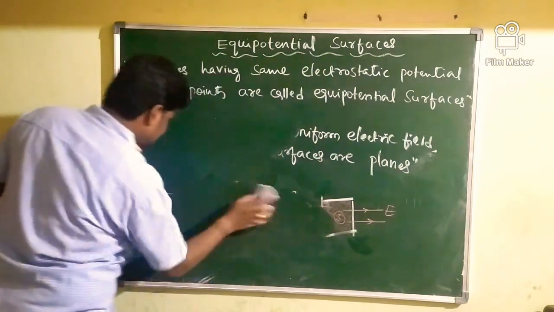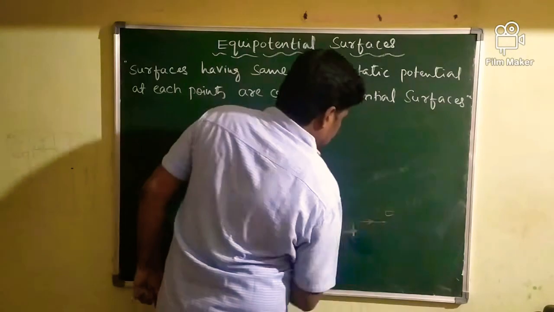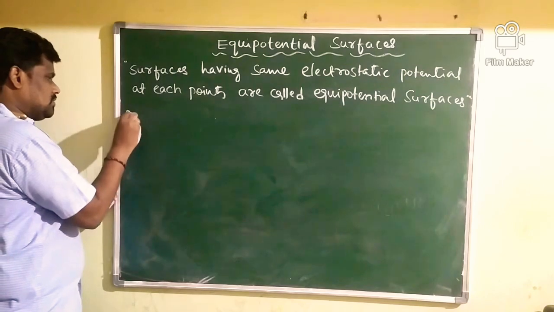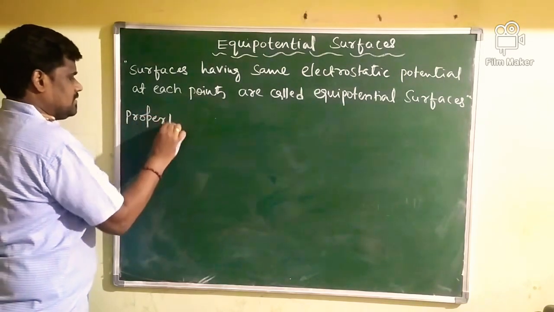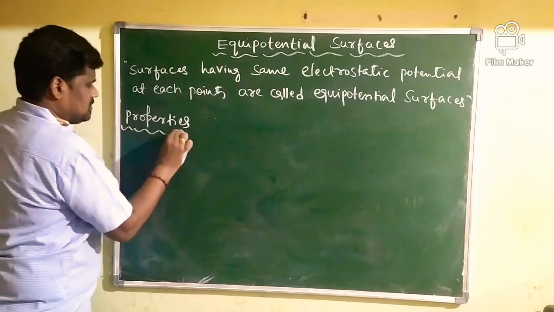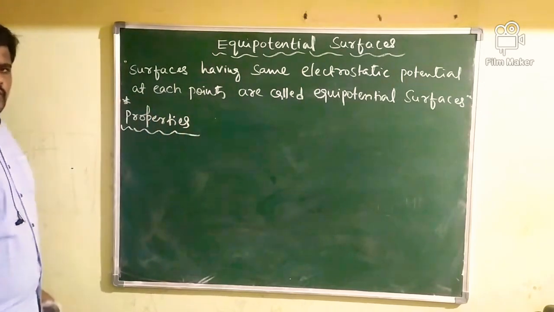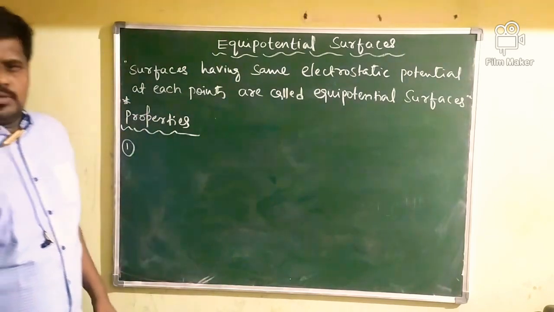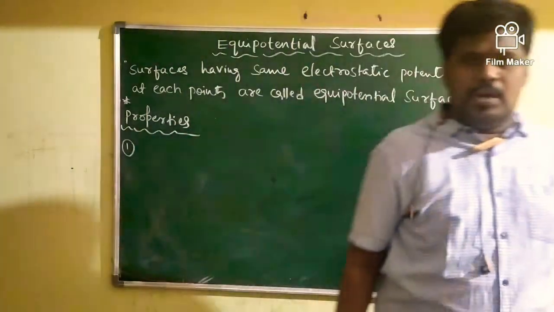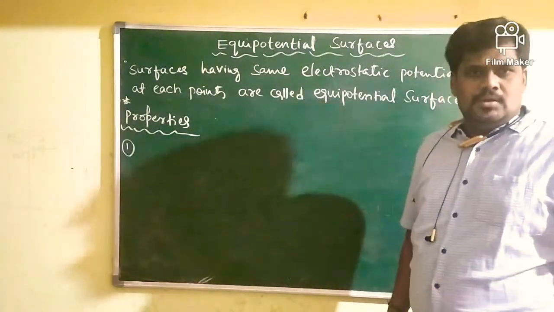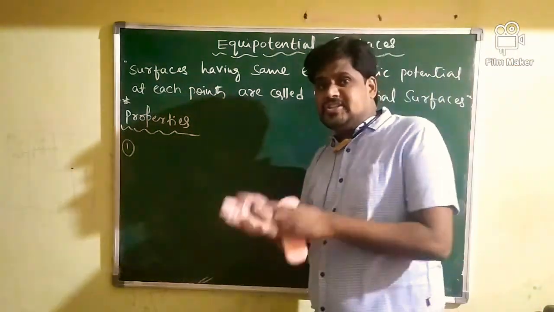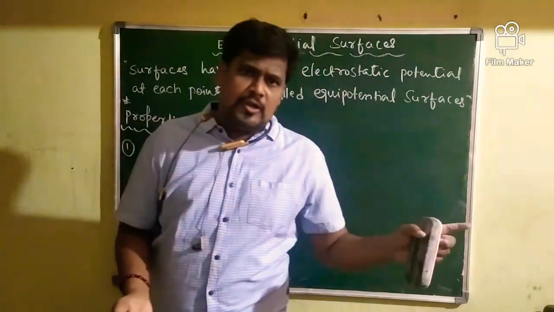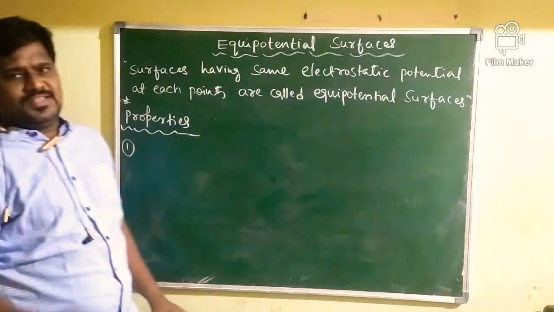So write on the next page: properties of equipotential surface. Very important. First property: the work done in displacing a point charge from one point to another point on an equipotential surface is zero.